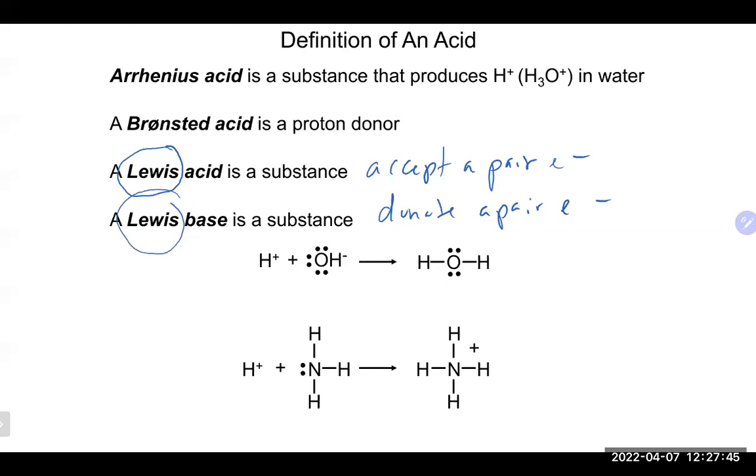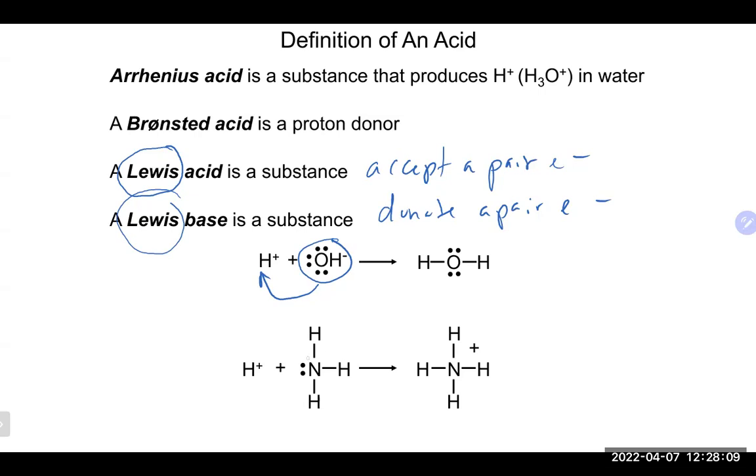So here's our hydroxide, which in this case would be acting as the base, donating some electrons over to the H+. By the way, if something is positively charged, it means it has lost electrons, right? And is electron deficient, which is why it will accept electrons. It's willing to do that.